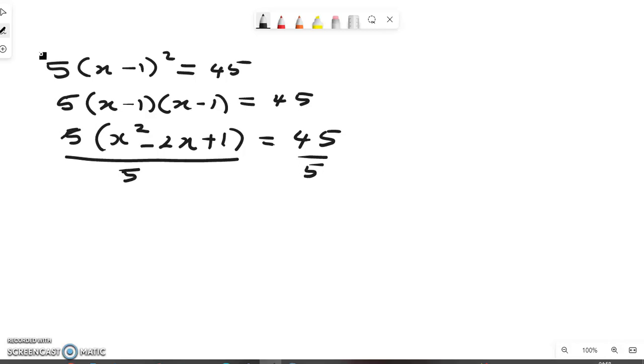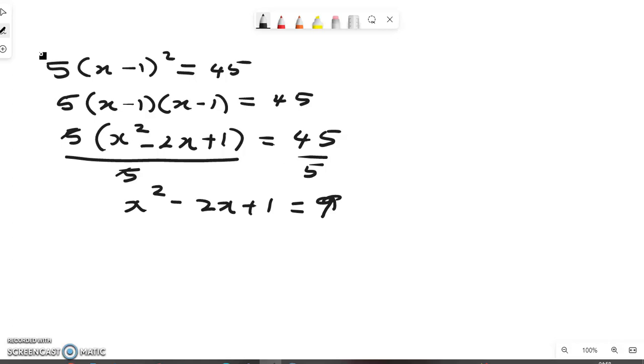So let's divide by 5: x squared minus 2x plus 1 is equals to 9. Then we must write it in a standard form.